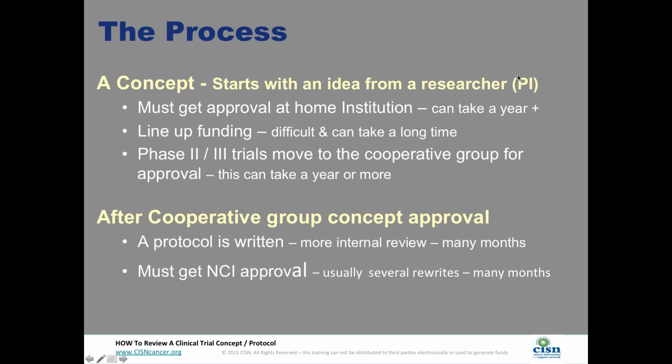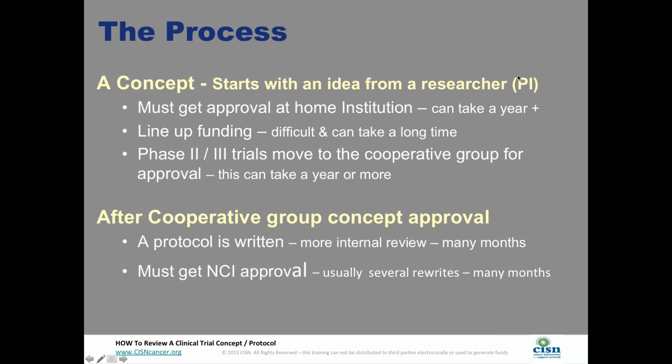There are some concepts that are generated and percolated up within the network group itself. So an organ committee might say, how about if we start studying this? Why don't we do a clinical trial about that? So some concepts do percolate up right within the committee itself. It could be the prevention committee, it could be an organ site committee, but a lot of concepts start outside the network from individual institutions.